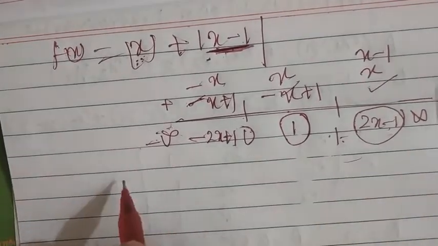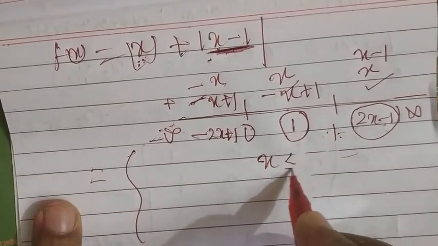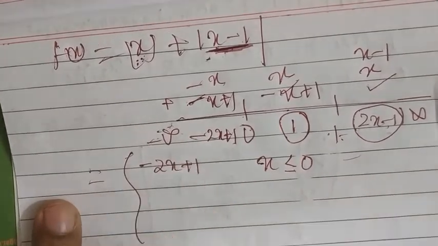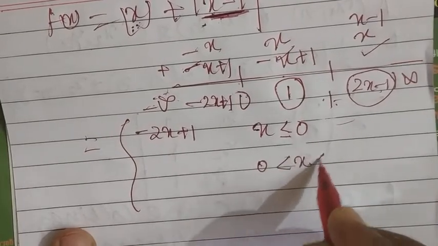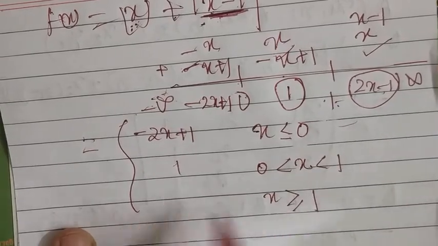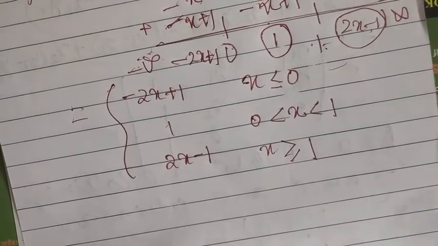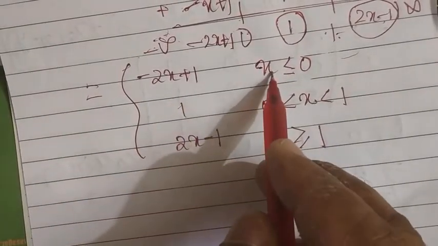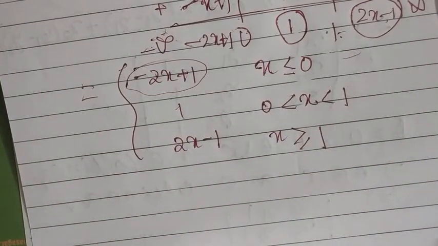Now from this I can write f(x) as, when x is less than or equal to 0, minus 2x plus 1. If 0 is less than x less than 1, it is 1. And when x is greater than or equal to 1, it is 2x minus 1. We will check its differentiability. Obviously when x is less than 0, it is a polynomial whose derivative I can find, so it is differentiable.